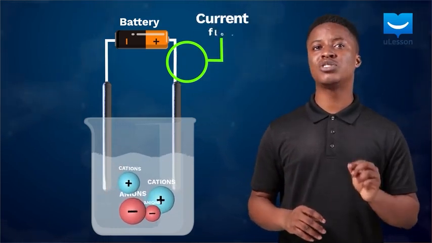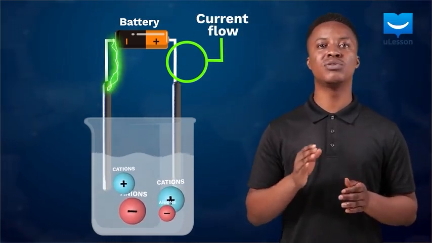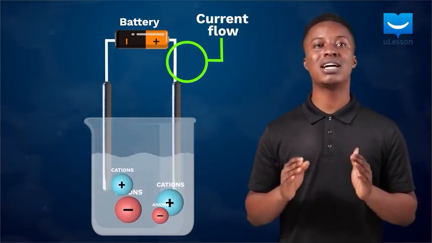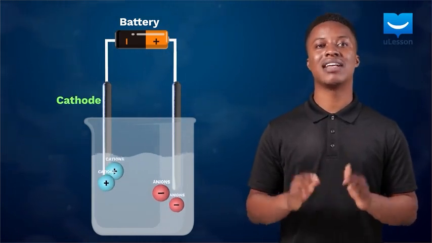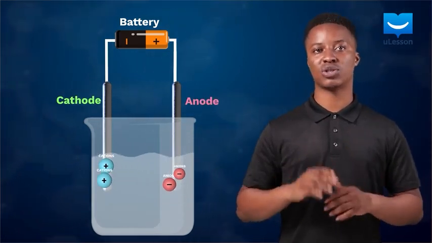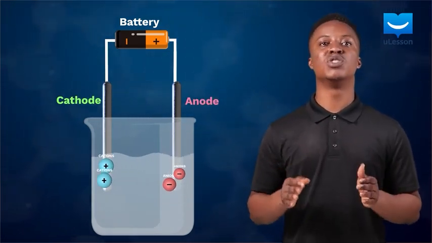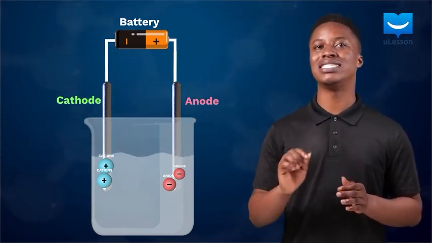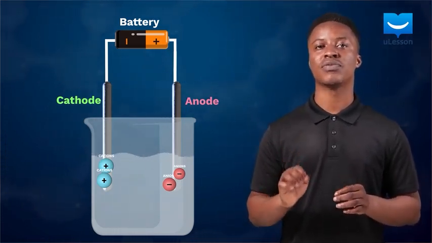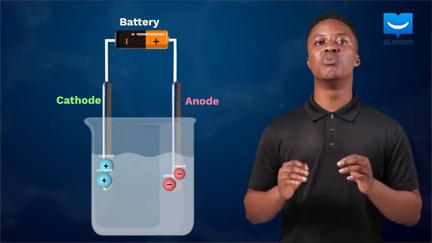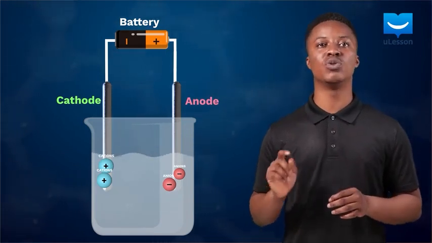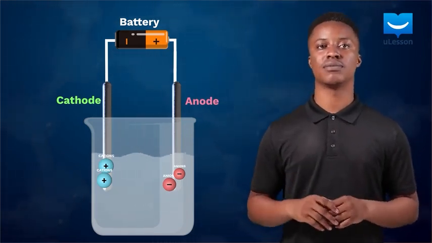But when an electric current is allowed to pass through the electrolyte, their random movement stops and their motion becomes directional. The cations move towards the cathode, which is the negative electrode, while the anions move towards the anode, which is the positive electrode.